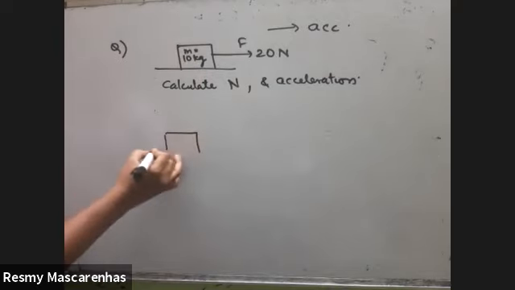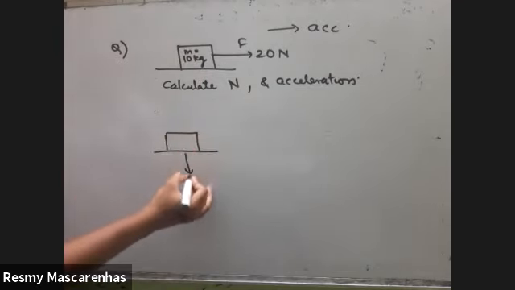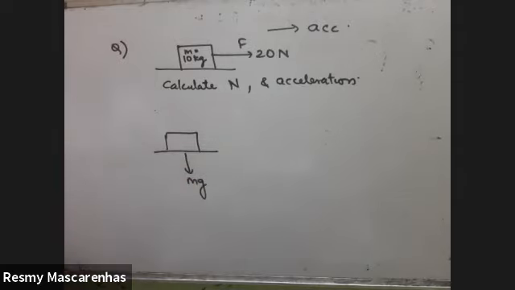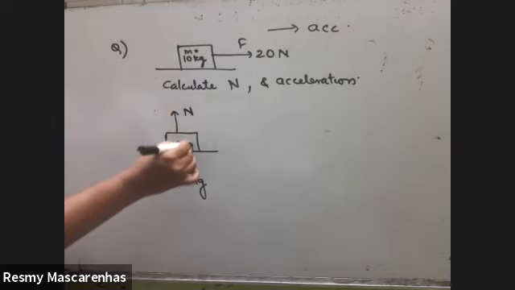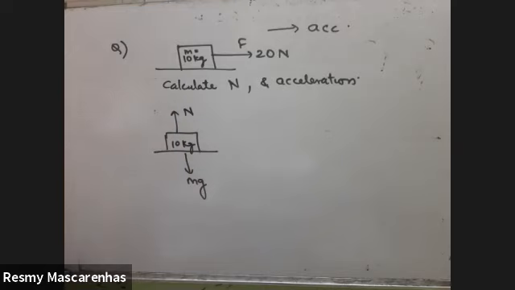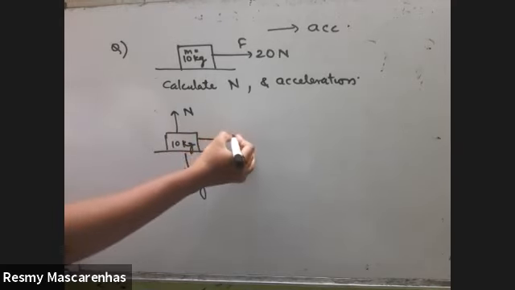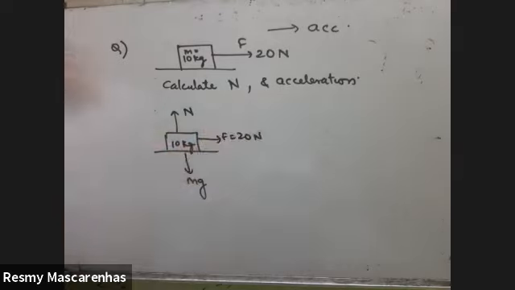If this is the diagram, we know that there is always gravity acting upon it, that is m into g, and this is always N. The mass is 10 kg and the force is 20 newton.